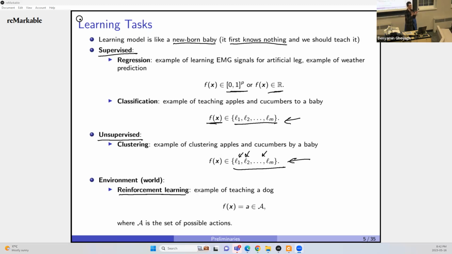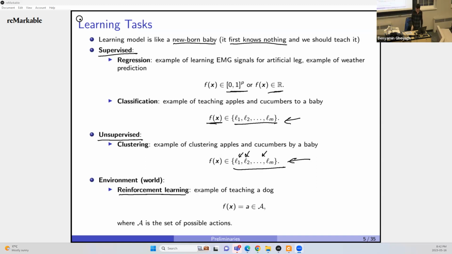There's also a state, whether I say sit or I don't say sit, or I say some other word. This is a state. Also, I have some reward. I have some food for the dog. Whether I have positive reward or negative reward. Positive reward, I give the food to the dog, or I don't give it.